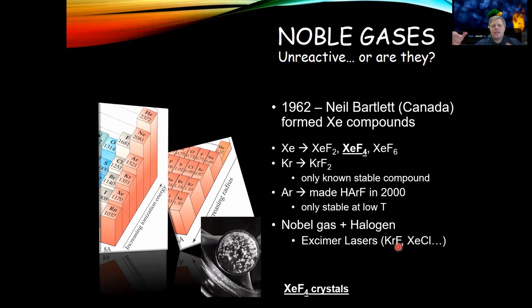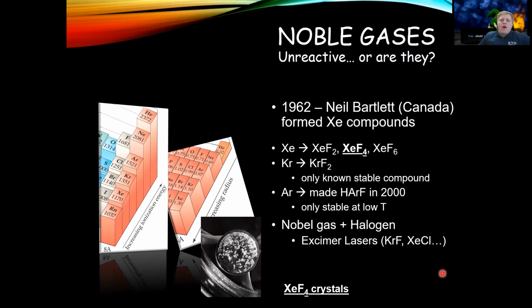And so the last group of these that we've seen are just noble gases complexed with a single halogen. So for example, KrF or XeCl. In these species, there's just a couple of them. And these are really useful in lasers and generating laser light for reasons that are way beyond the scope of this class, but pretty interesting science.